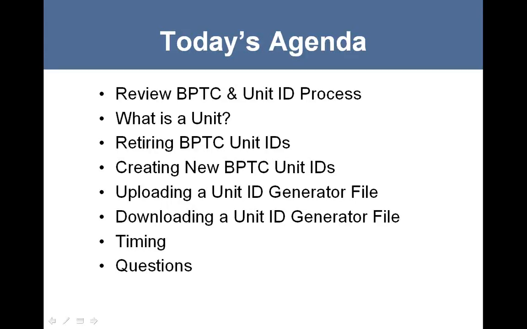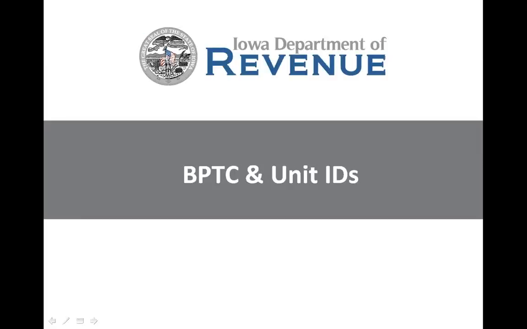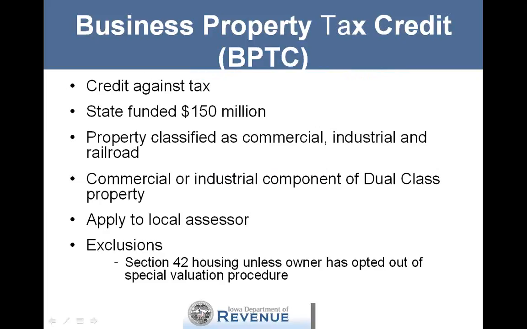Let's get started. We're going to begin with an overview of what the business property tax credit is and what unit IDs are. So now, the BPTC is a credit against tax. That means that on a taxpayer's statement, they see what their tax is, and then they see a credit subtracted from that tax, and then the bottom line is the tax that is due.